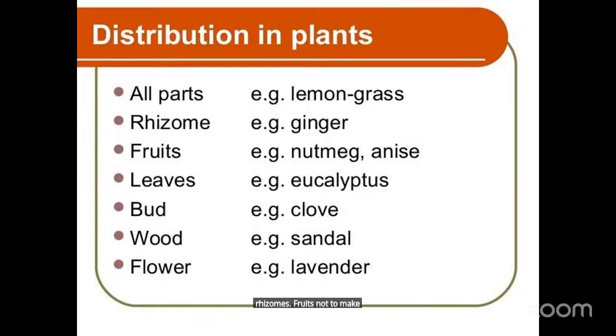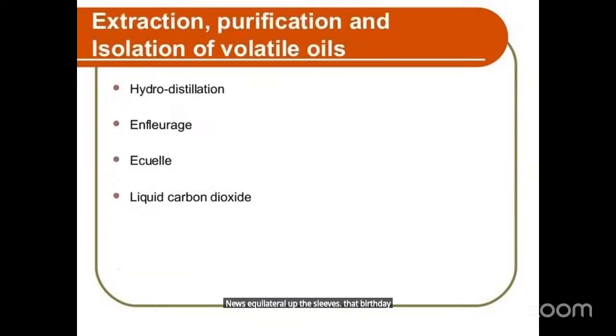Nutmeg is obtained from the tree, Myristica fragrans, belonging to the family Myristicaceae. Seeds, anise oil. Leaves, eucalyptus leaves. Bud, in that bud there is clove. Wood, sandalwood, and lavender. So this is very important.